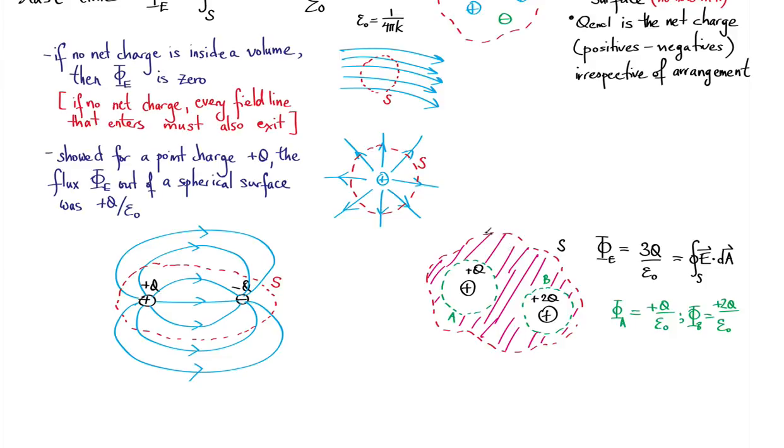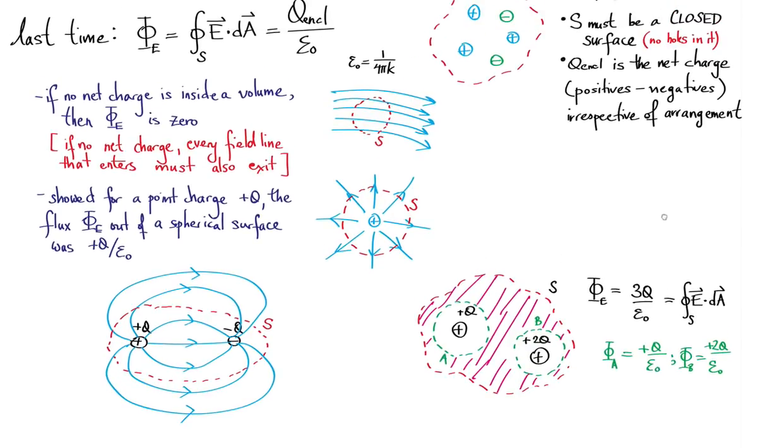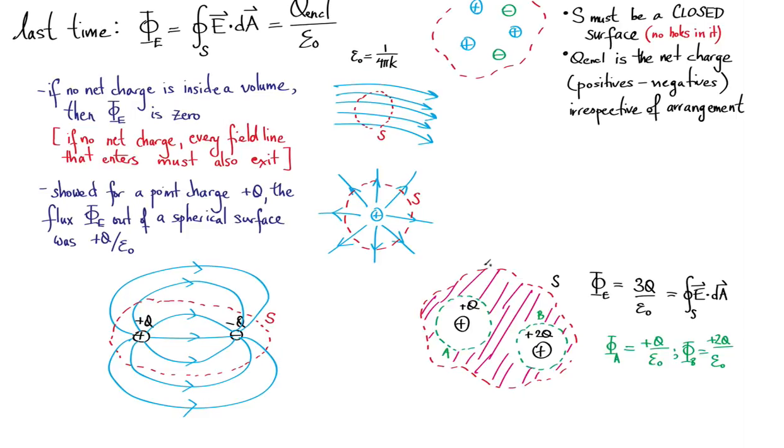And then this pink region, which is everything else. There's a couple holes cut in, but you can still think of it as a closed surface, because at least when we add A and B to this, basically the whole thing will be closed. And there's no charges inside this volume, right? There's no charges inside the pink area.